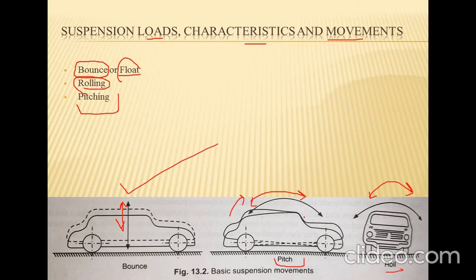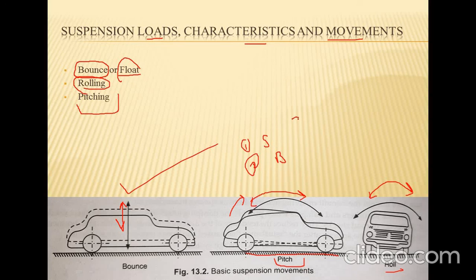There are some factors which affect the pitching tendency. So first is the speed of the vehicle. Then second is the bumps over which the vehicle rolls. If the road is having uneven or zigzag surfaces, then that factor is affecting the pitching tendency.